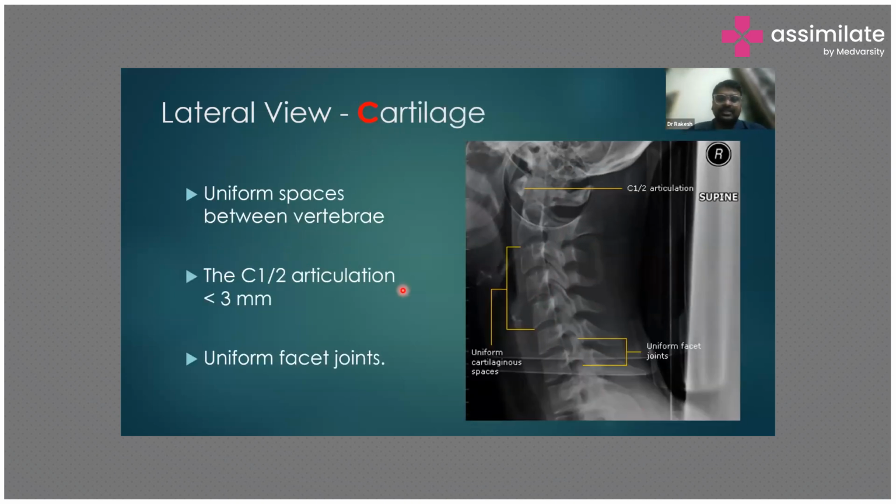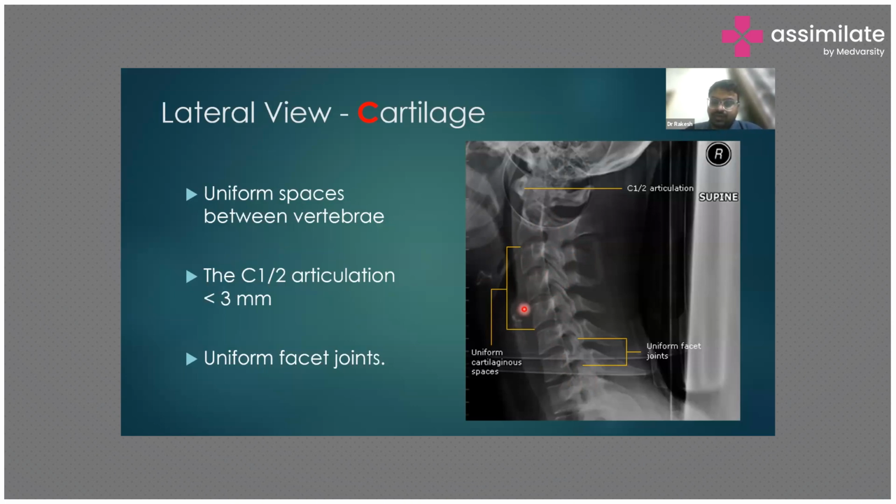Now, the next section is C, which is for cartilage. What you need to see in cartilage is the height of the intervertebral space. It should be uniform between each and every vertebral body, and the space on the left and the right should be equal.